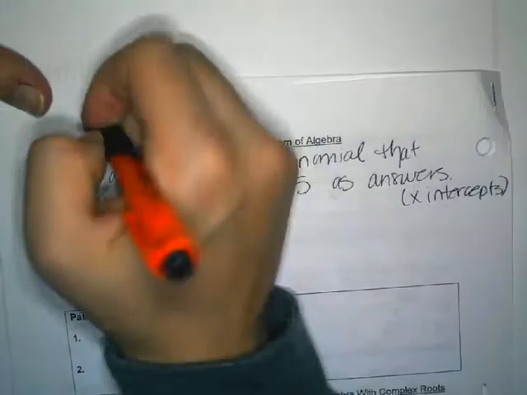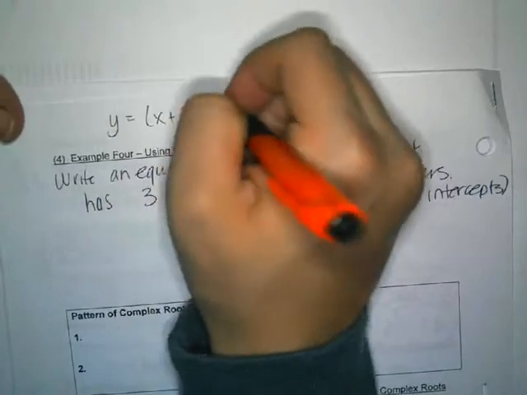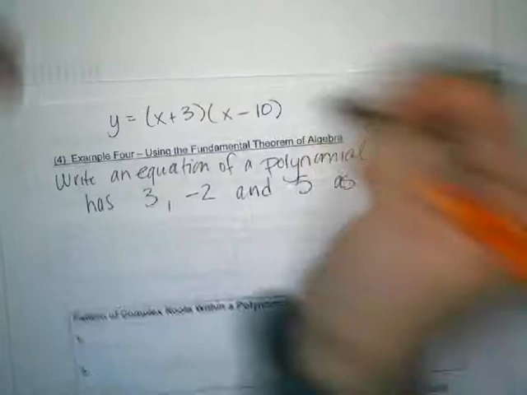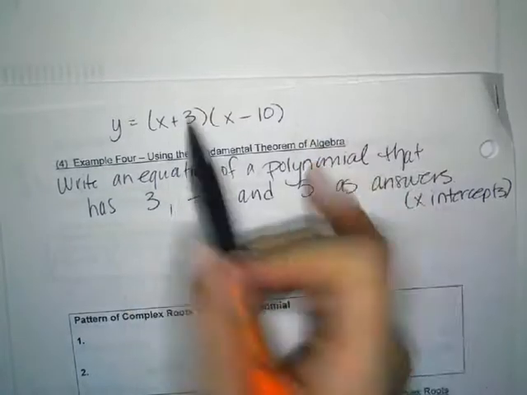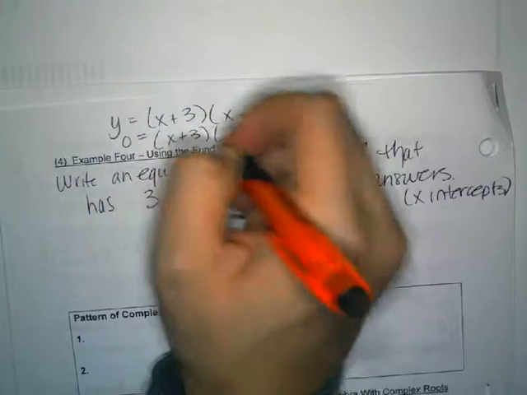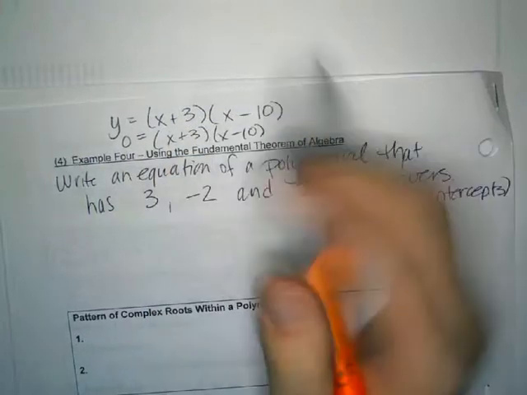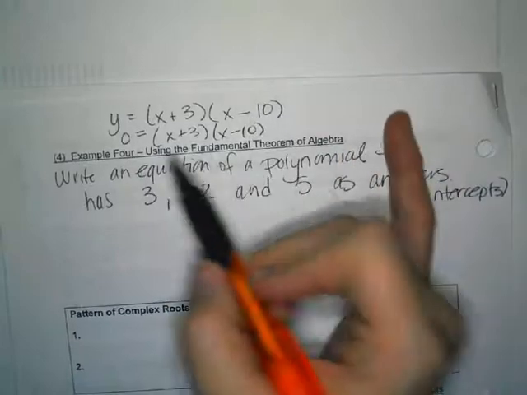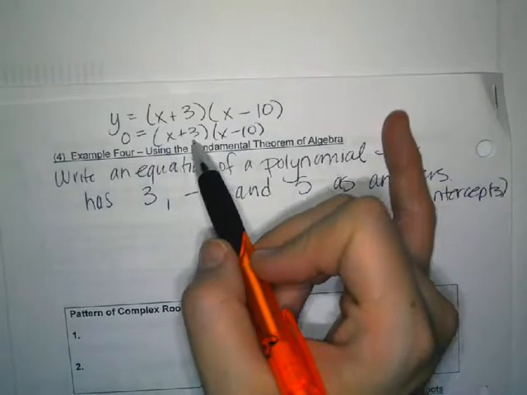Now, we have to review a little bit. Something like this. Okay. So if I said find your answers here, find where this is equal to 0. This is already factored. When you're factored and you are set equal to 0 to solve, you just take each parenthesis and set it equal to 0.